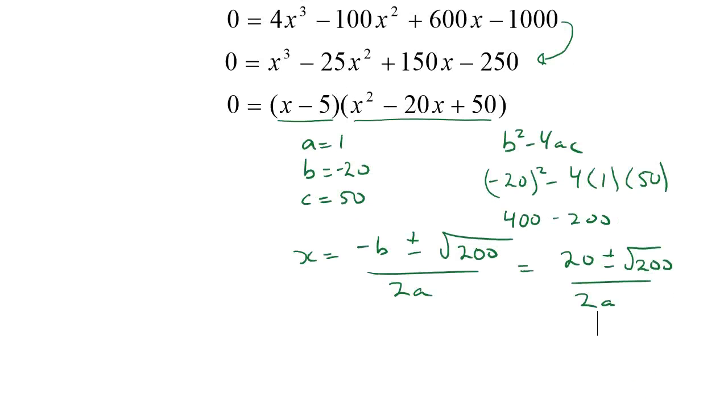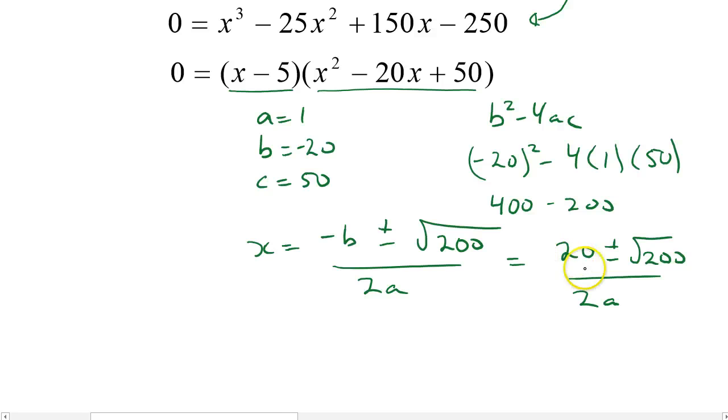I'm going to get my calculator out and figure this out. Using my calculator for both the positive and the negative, I have two answers. One is 17.07 and the other is x equals 2.929.